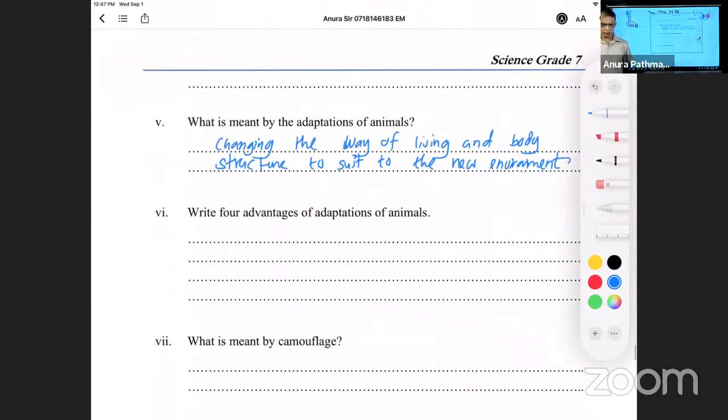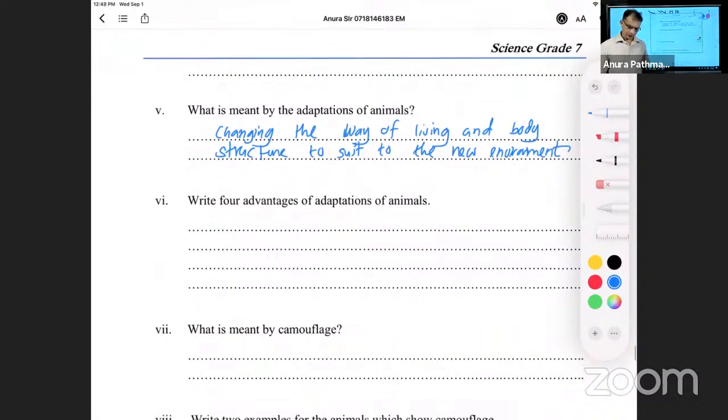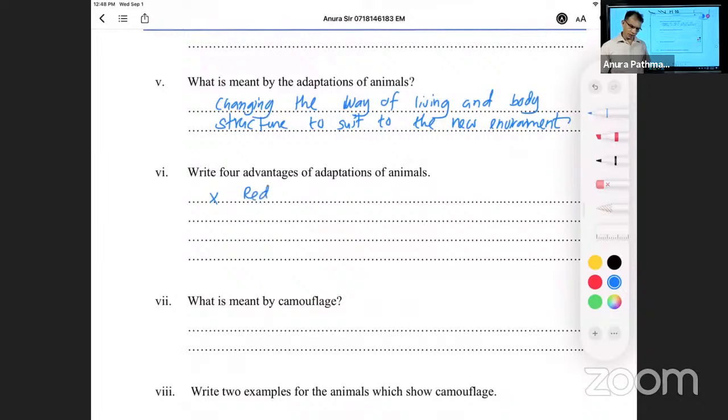Right, four advantages of adaptations of animals. Reducing competition. Protection.